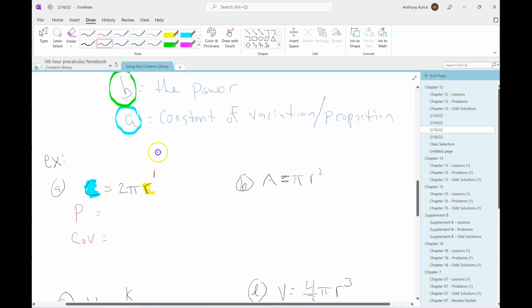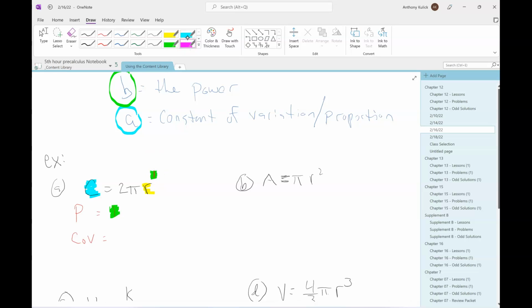We know there's a 1 there, even though we didn't write it. And then our constant of variation is the coefficient. In this case, what's the coefficient on our independent variable? Close, 2 pi, right? Both of those are constants. Cool, so far so good?